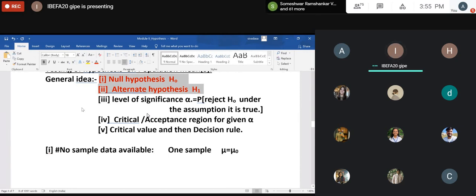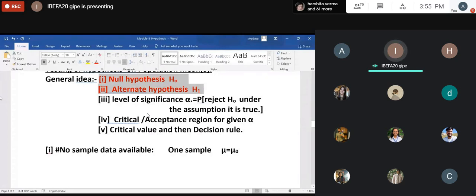Before that, every research area has a hypothesis. What is it called? Null hypothesis. What do you mean by null hypothesis? It is an assertion. It is a statement. It is a claim. It is an estimation.